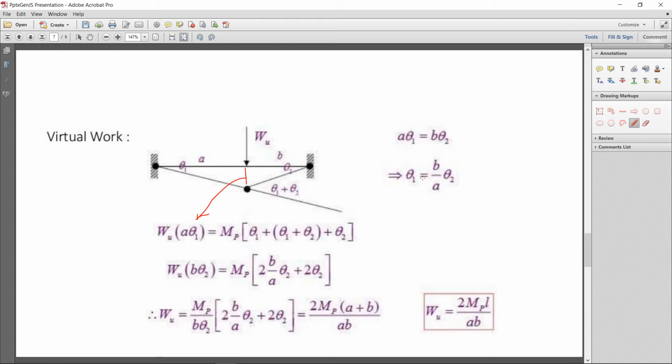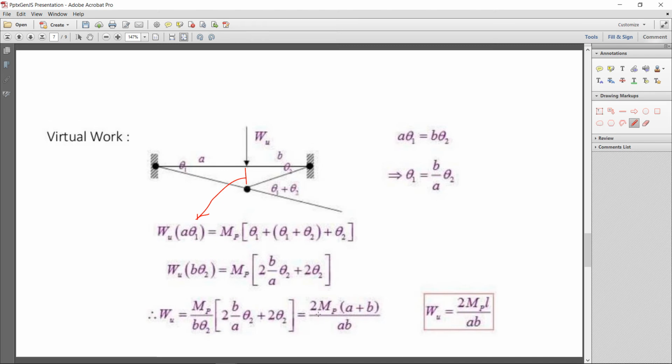Now put the theta 1 value in this equation. Okay, you will get 2b over a into theta 2. Then just simplify, take b over theta 2 to the other side. Then again by simplification, Mp and 2 are taken common and take the LCM.